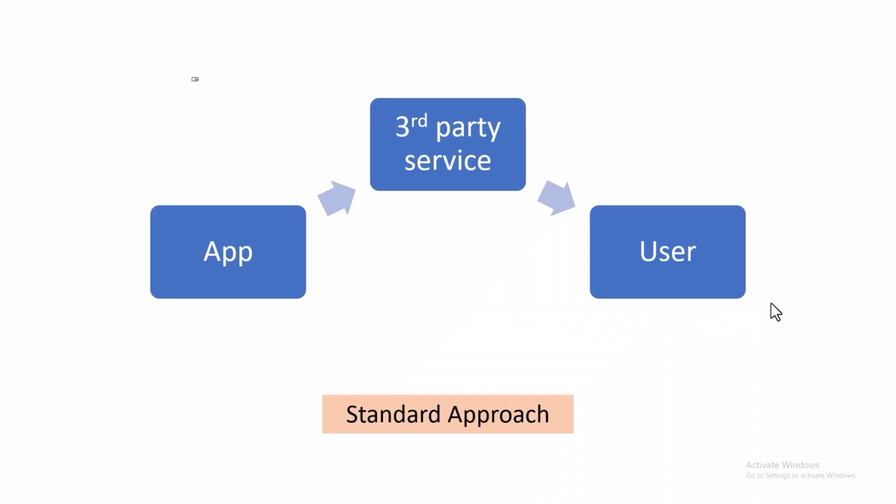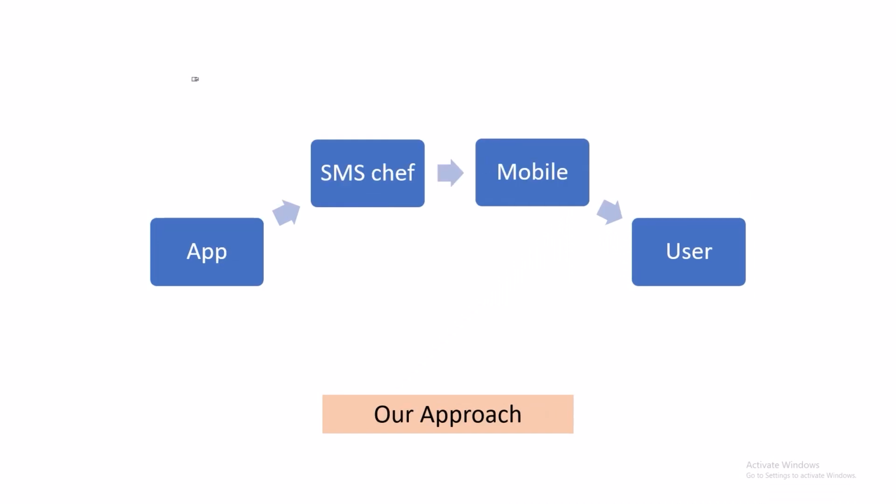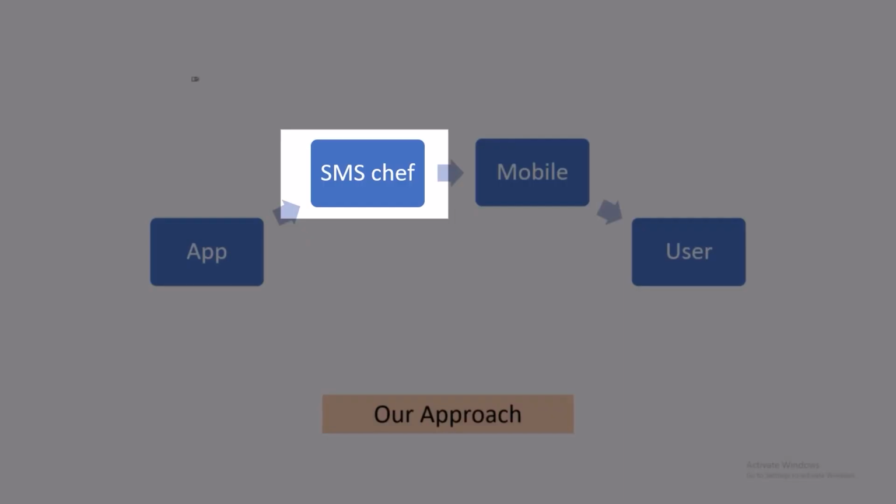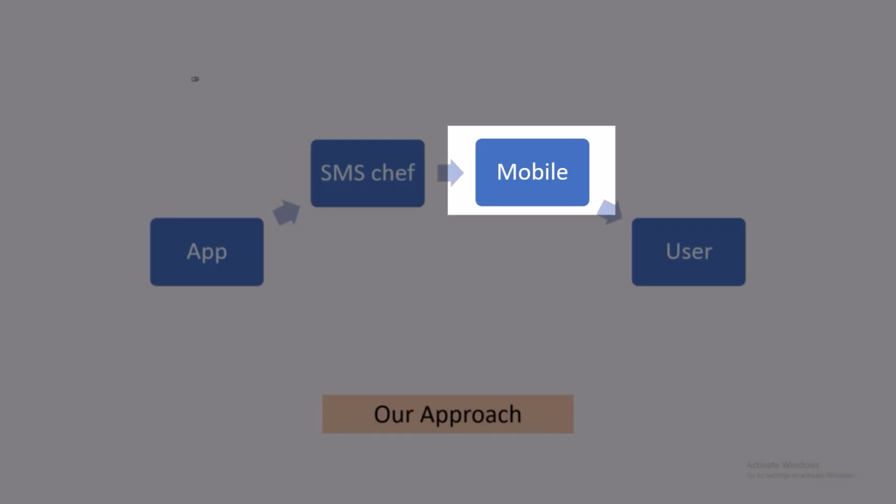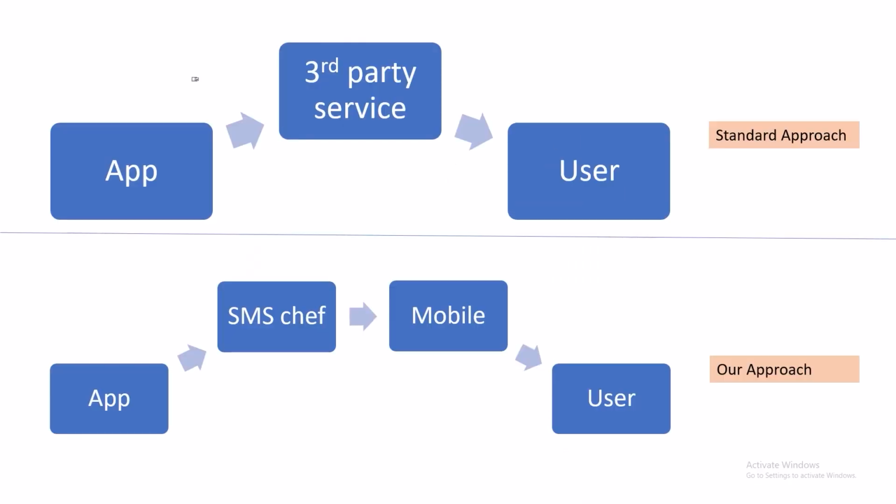You call the REST API of the third-party service, and then this service sends the SMS to the user. But in our scenario, we trigger the SMS from our application, it goes to SMSChef, then SMSChef sends the information to our mobile phone, and then the mobile phone sends the SMS to the user. So this is the summary of the whole system.